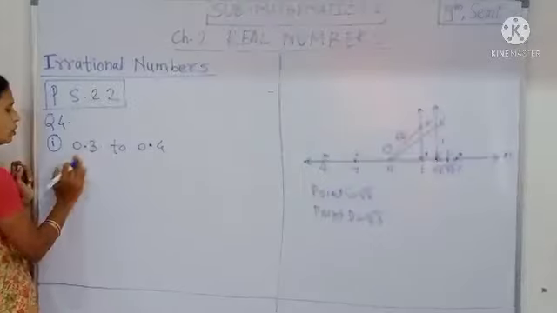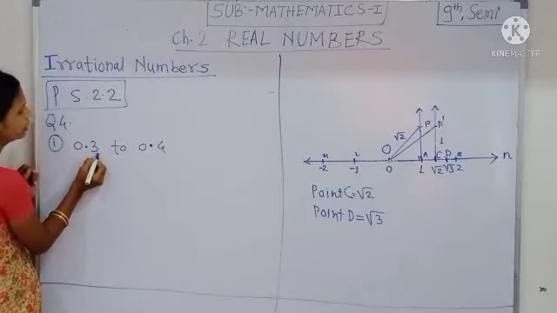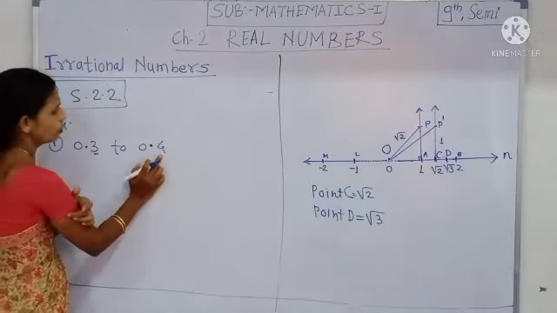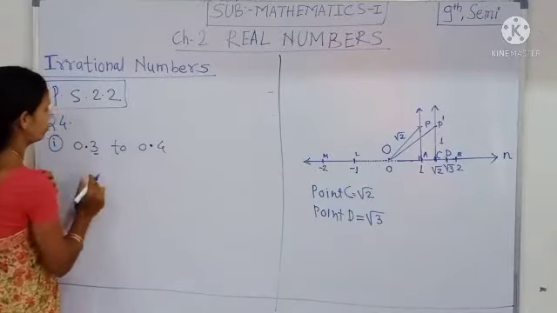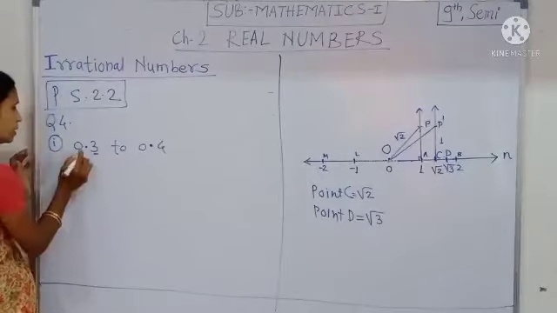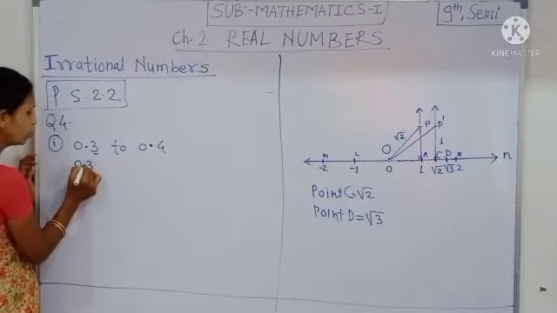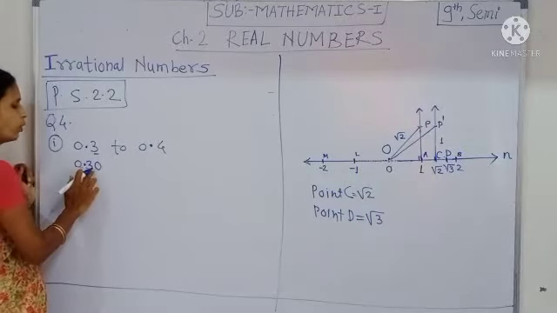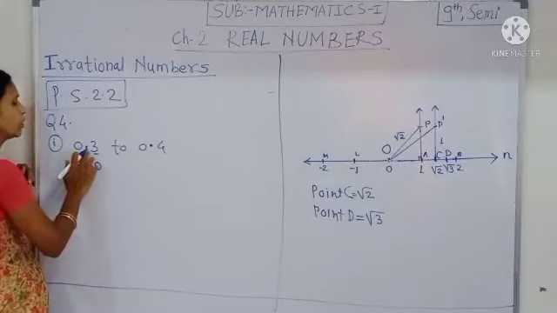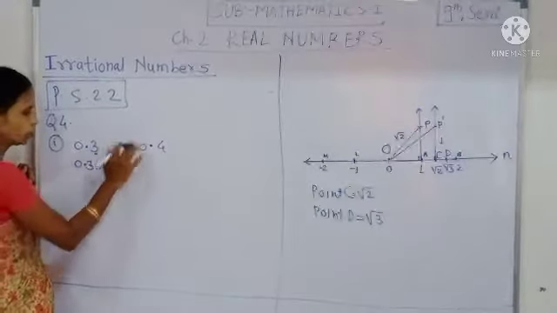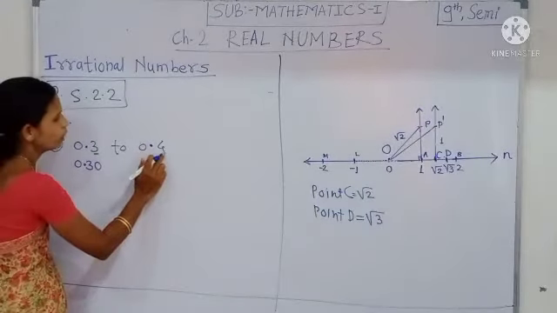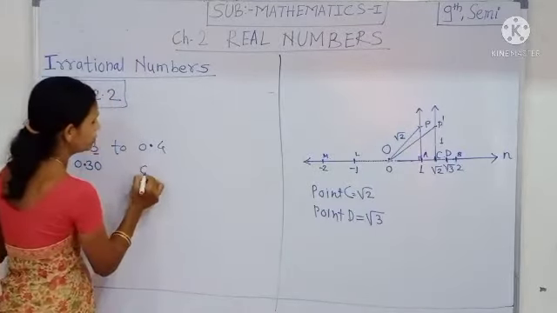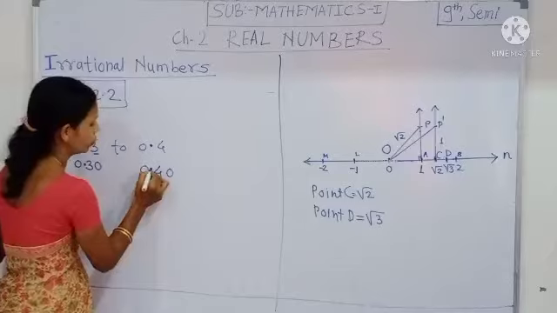Then see here, 0.3 is given in 1 digit decimal form, and 0.4 is also in 1 digit decimal form. Then we convert this 0.3 into 2 digit decimal form, that is 0.30. That means 0.3 means 0.30, as well as 0.4 means 0.40.